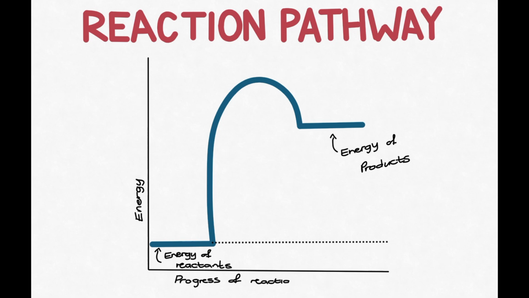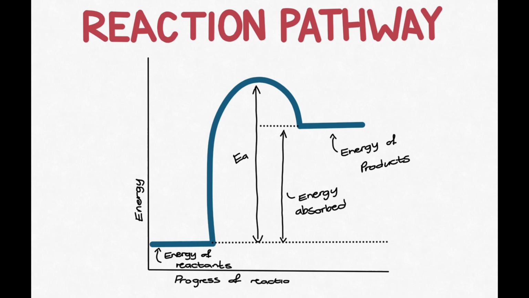So here, our activation energy will be the difference in energy from the energy of our reactants all the way up to the maximum amount of energy needed for the reaction to take place. And then, of course, we also need to know the difference between the energy of our reactants and the energy of our products. And this will be, in this case, positive, as our reaction is gaining energy.